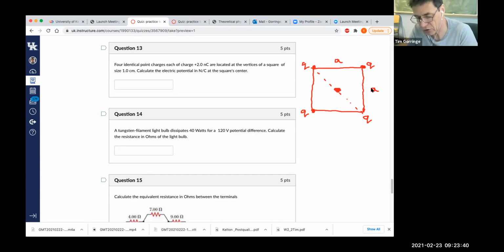So it's the square root of 2 times a. So this total distance from the top left to the bottom right is the square root of 2 times a. Now we want half that. That's the distance to the field point. So half of the square root of 2 times a is actually a over the square root of 2. And each charge is that distance from the field point.